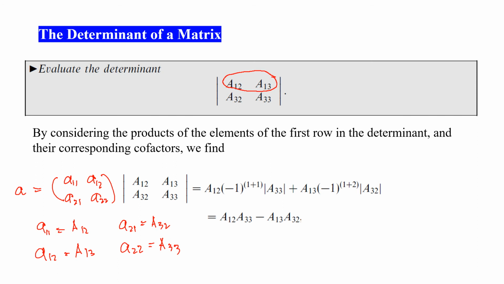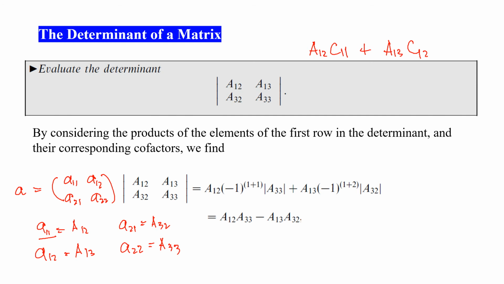So using the first row, that means I have A11 times your C11, because again, your A11 is your small a12 element, okay, plus your A12 times your C12, okay.